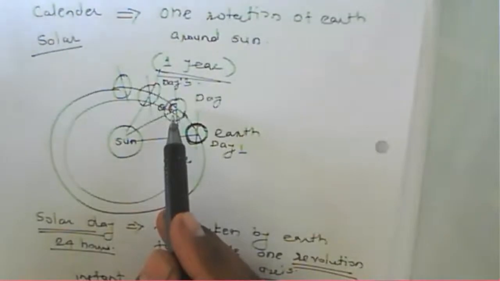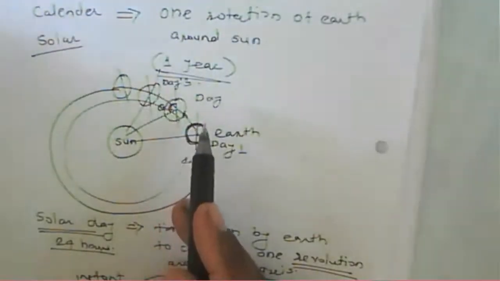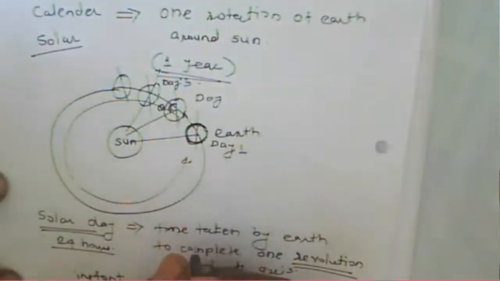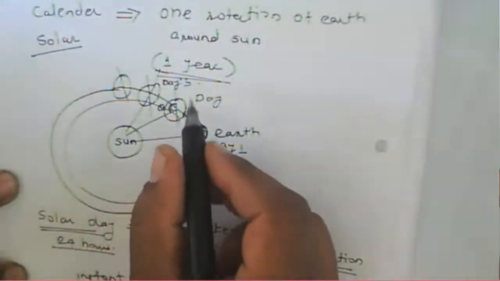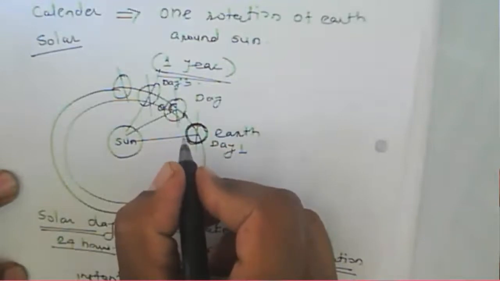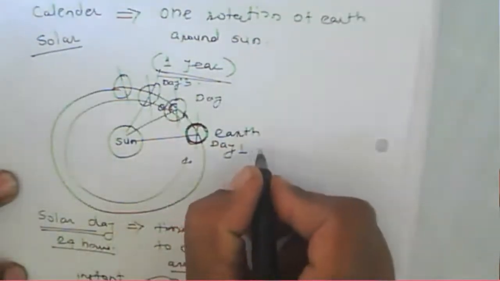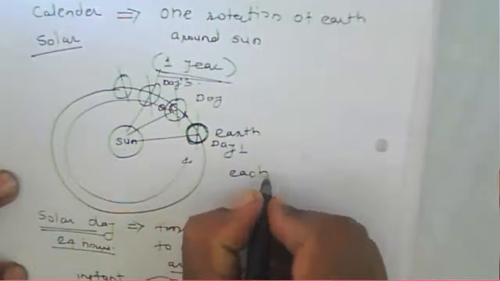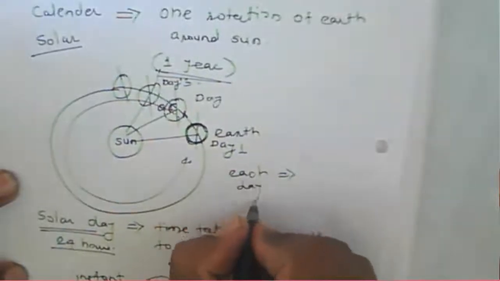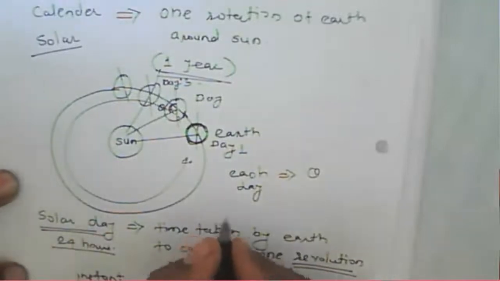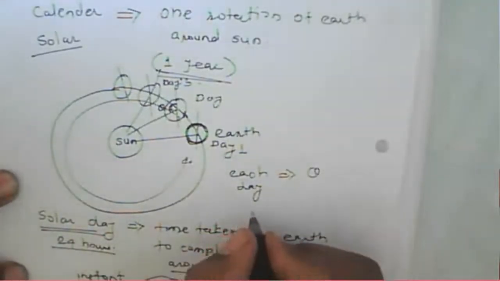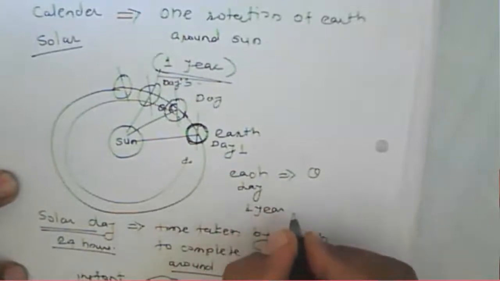That position changes by this particular angle theta here, and we can say that it is an extra angle. Suppose we consider that each day it takes an angle of theta degrees.